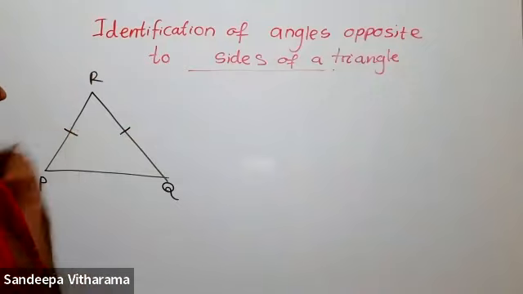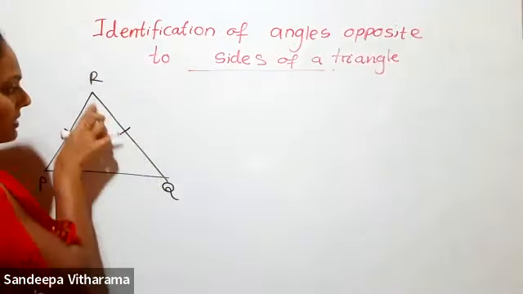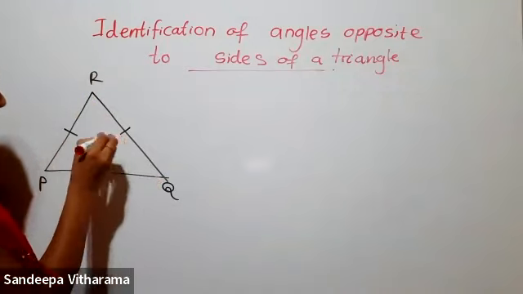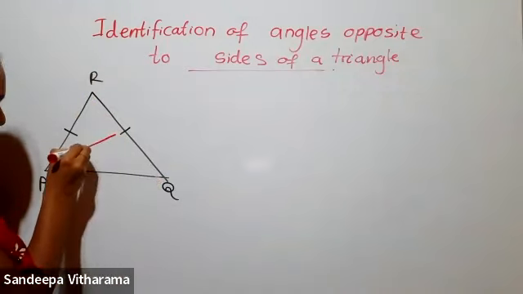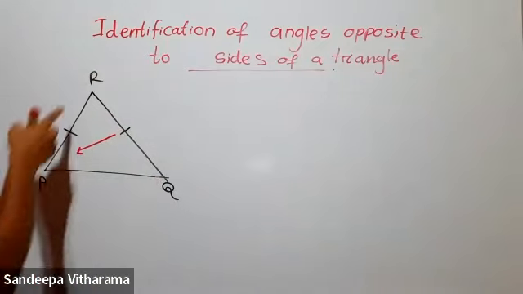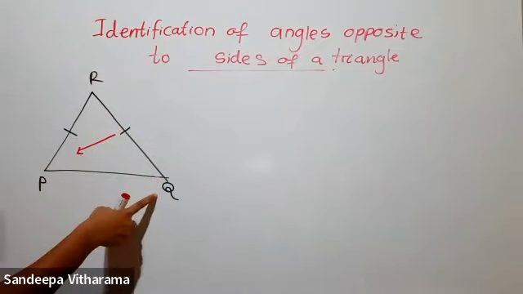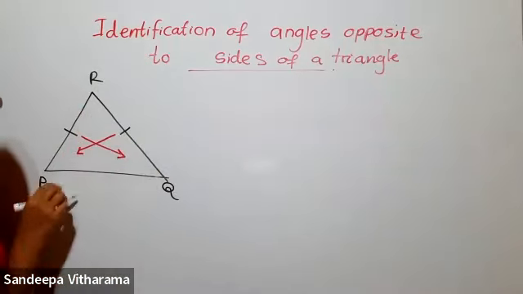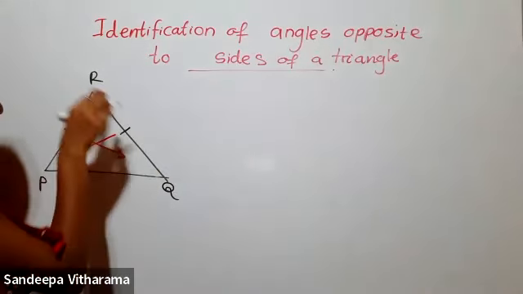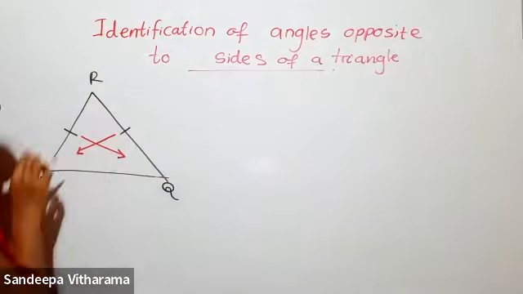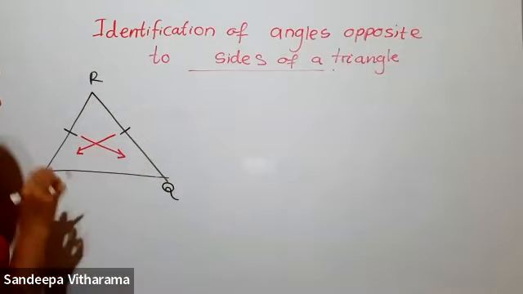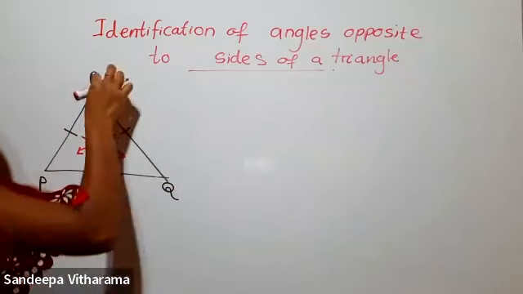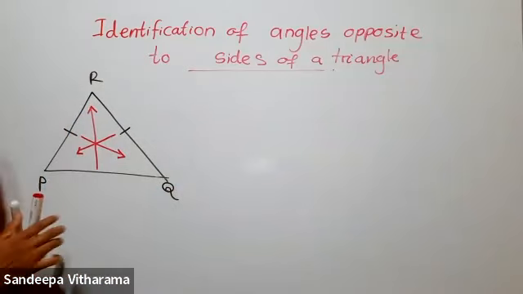If I consider the RQ side, the angle opposite to the RQ side is RPQ. The angle opposite to the RP is RQP. And the angle which is opposite to the PQ is PRQ. Okay, then let's write about this.